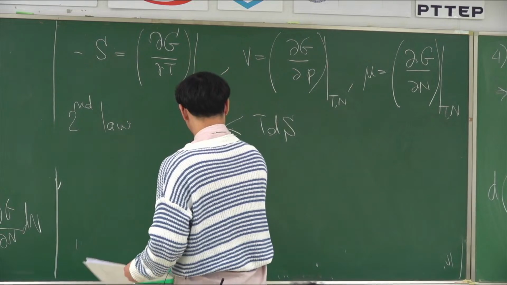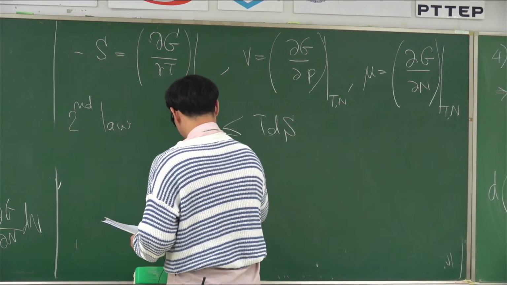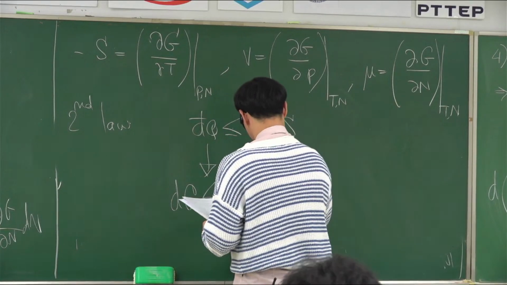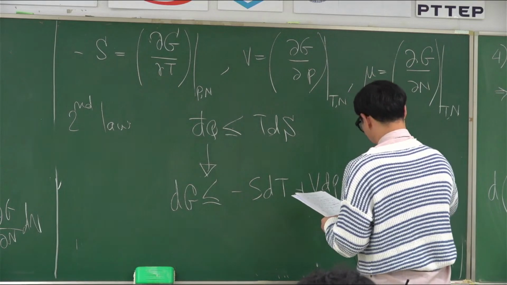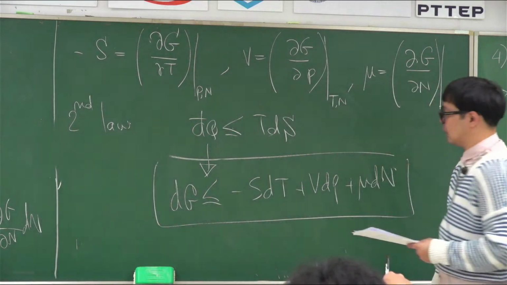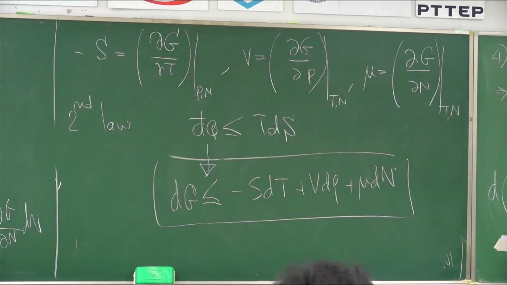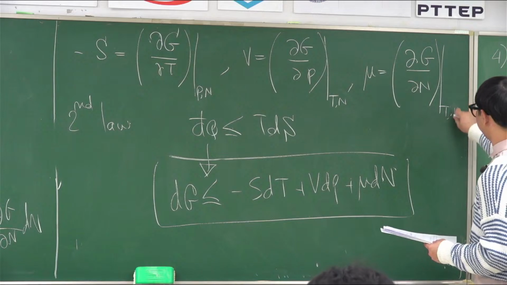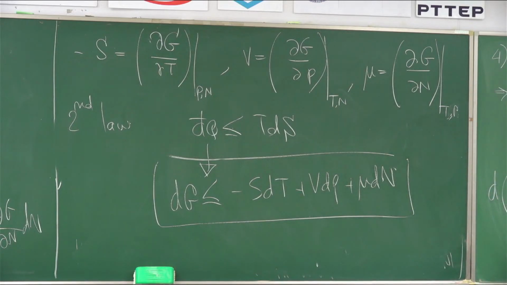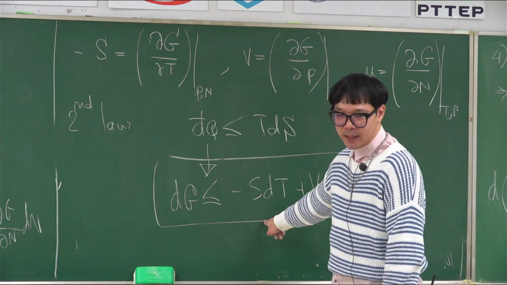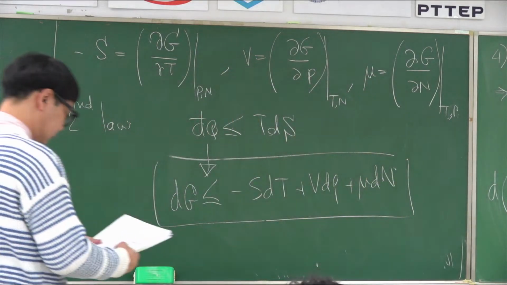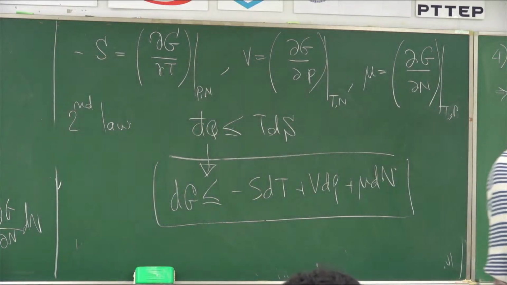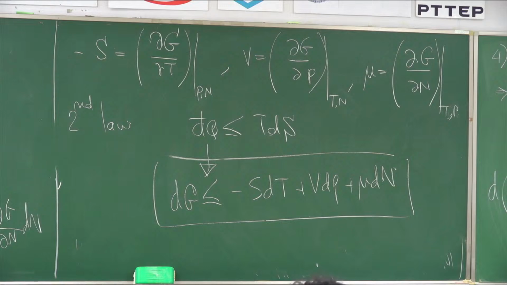This second law will lead you to this inequality. Of course, dG, yes, thank you. And you can say again, therefore the spontaneous process will drive your Gibbs free energy to the minimum, right? Okay, I think we are good.